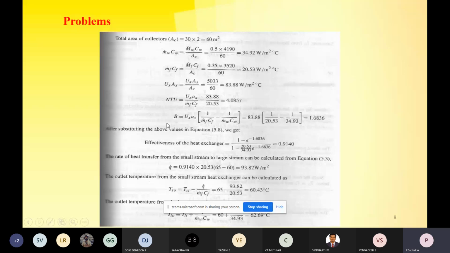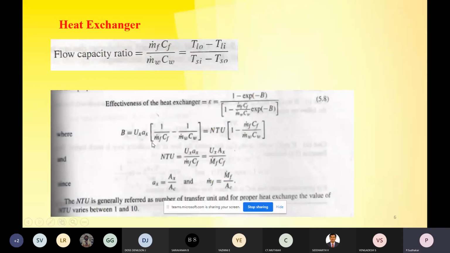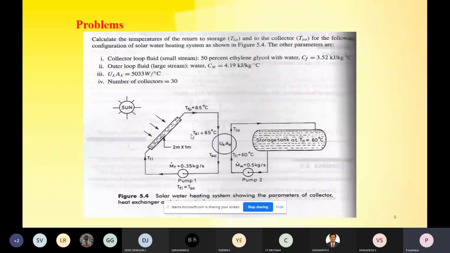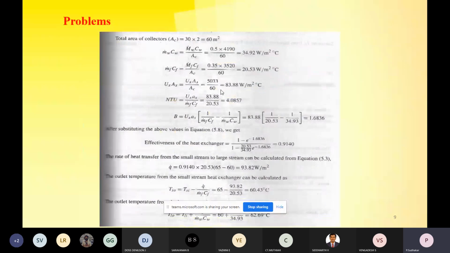So next is to find B. You already know this formula. B is UX small ax into 1 by m dot CF minus 1 by m dot CW. When you substitute in B's formula, you find 1.6836. It is a non-dimensional number. Substituting this B and NTU value in the effectiveness formula, you get the effectiveness of the heat exchanger.